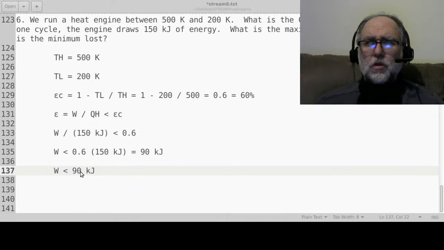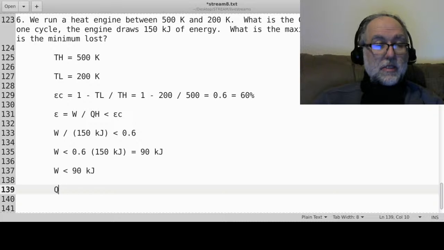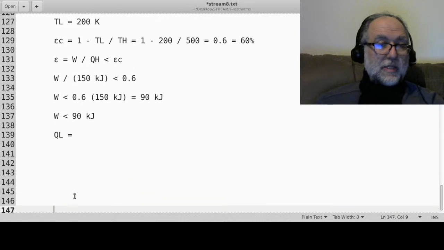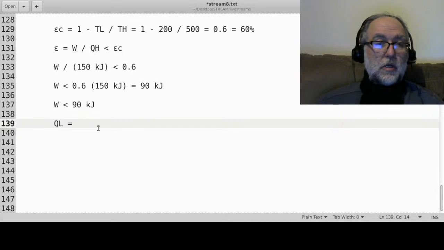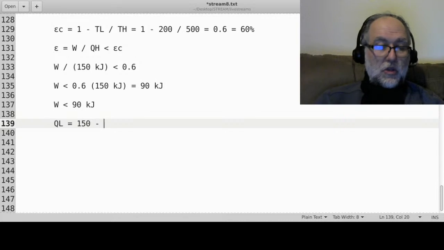You use every technological skill you have, and the most you're going to get is you absorb 150, and 90 of those kilojoules becomes work. What about the rest? How much is the rest? The rest is lost, and that's what you could call the Q low. That's how much is lost to the low temperature. If 150 was absorbed and you converted 90 of it to work, how much is left over? 60 kilojoules.